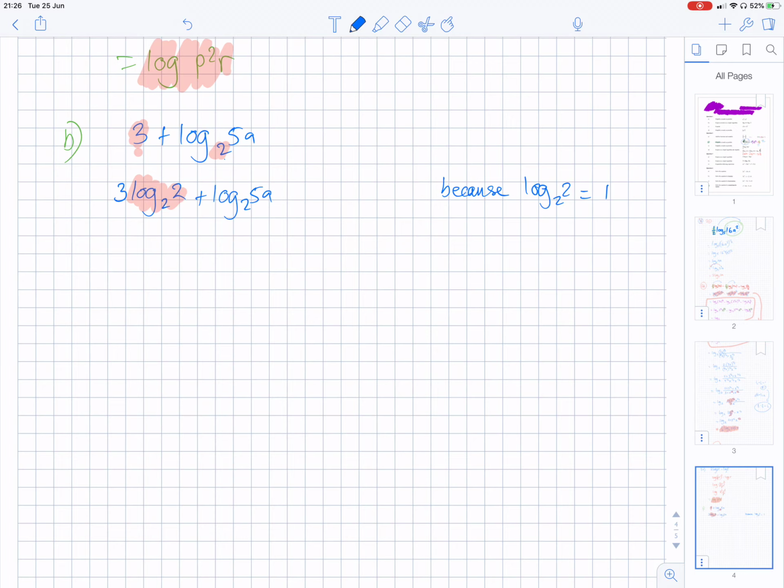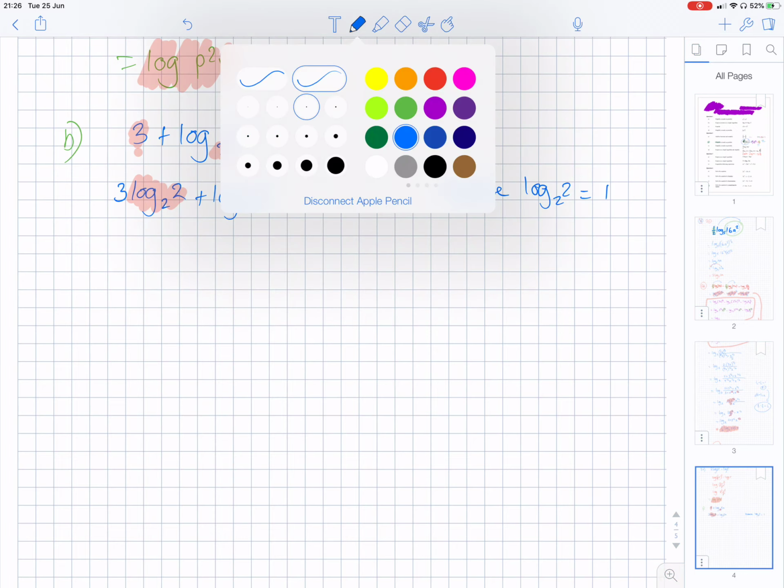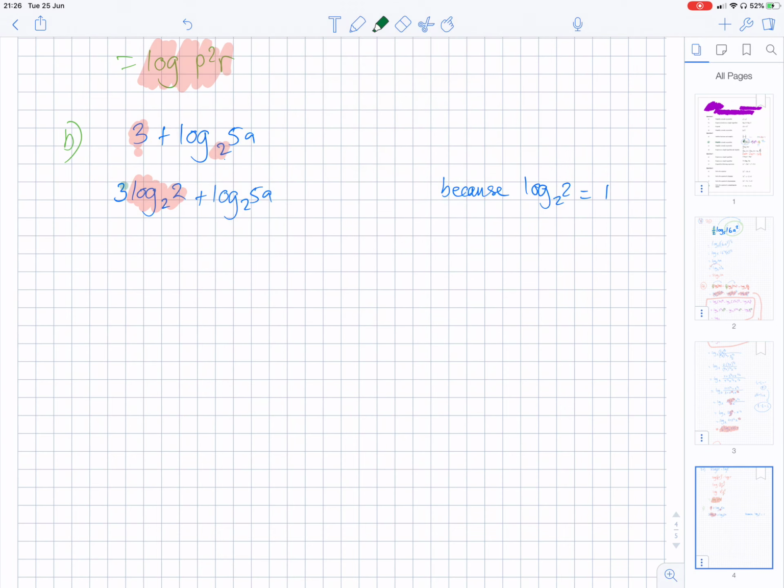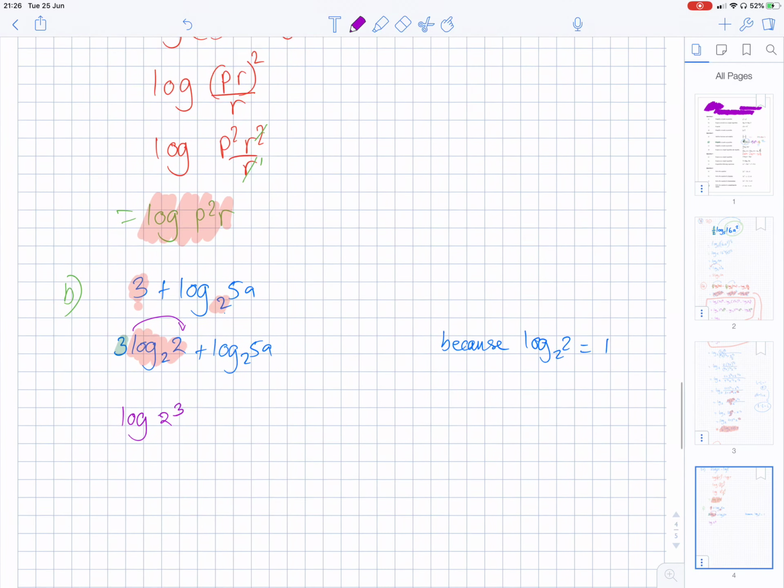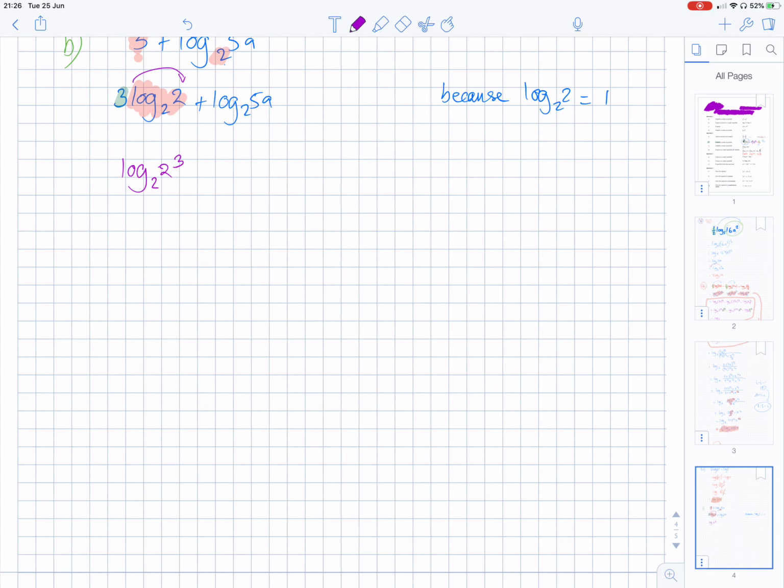Now because we've got a 3 here, we've got to bring it here. So this becomes log 2 to the power 3 base 2 plus log 5a base 2. Because they are adding, we can multiply the arguments.